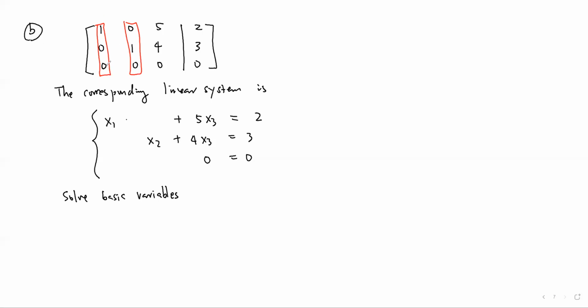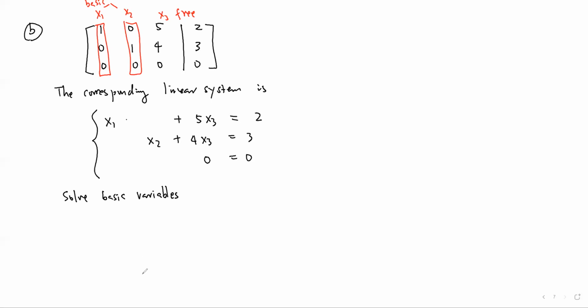When a column contains a pivot position, the column is called a basic column. A column without pivot position is called a free column. So column 1, column 2, basic columns. Column 3, a free column. Therefore, x1, x2, basic. And x3, free variable.